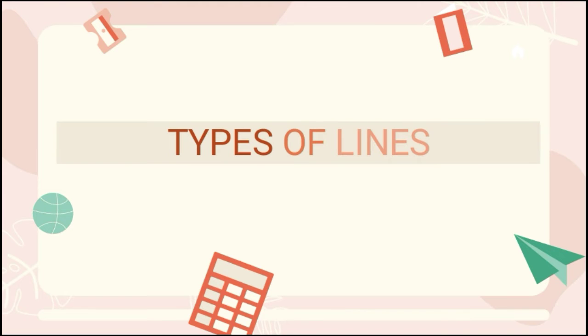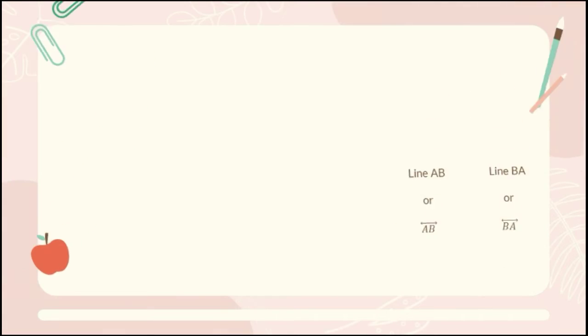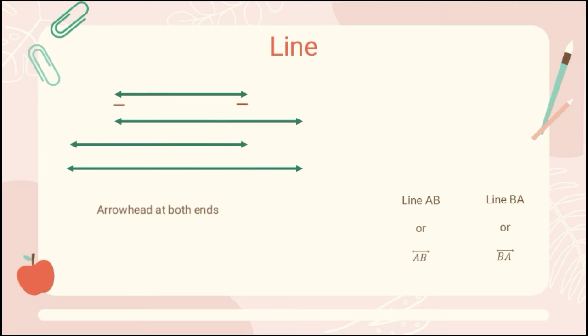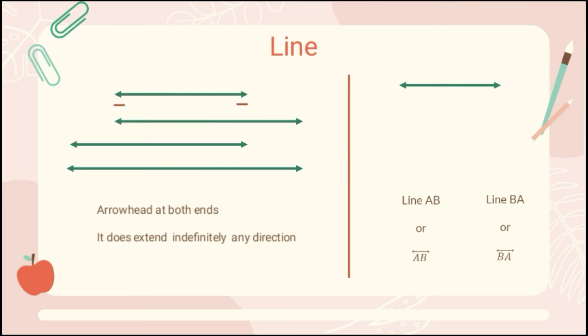Type of lines. Line. A line has no end on two sides, and it extends indefinitely in both directions. This is part of a line. Lines are generally named with lowercase letters.